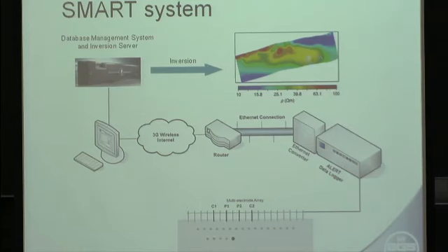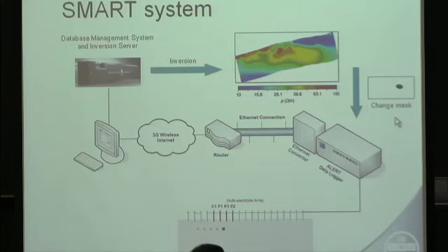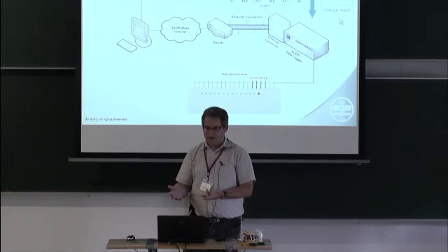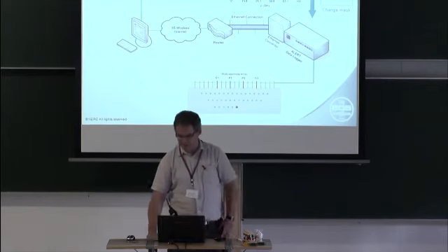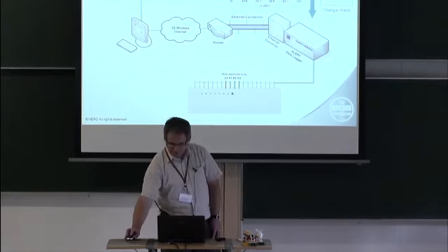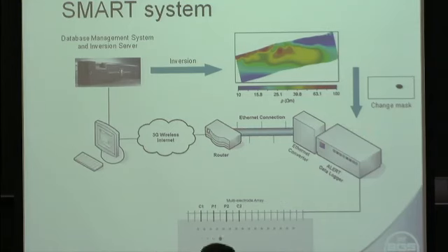We then look for the changes. We calculate a change mask, which simply has a value of 1 where there's been a significant change in the image, and 0 where the image is effectively constant. This change mask is then transmitted back to the system, which uses it to focus the design of the survey for the next time step.